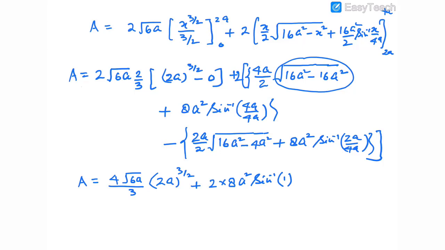Minus 2 times 2a upon 2, the 16a square minus 4a square is 12a square, minus 2 into 8a square sine inverse 1 upon 2.